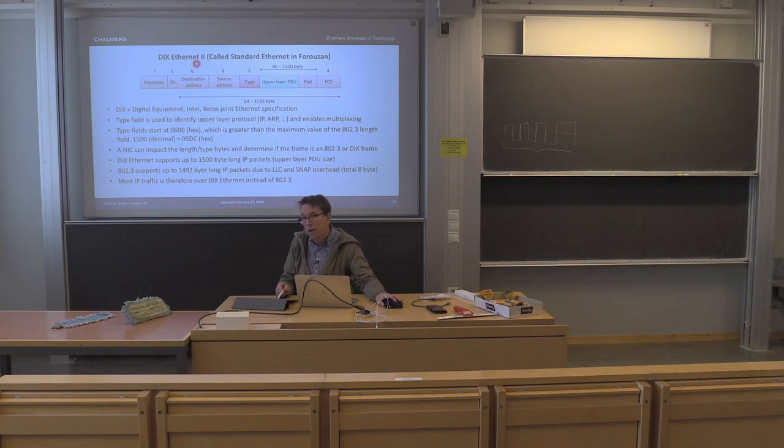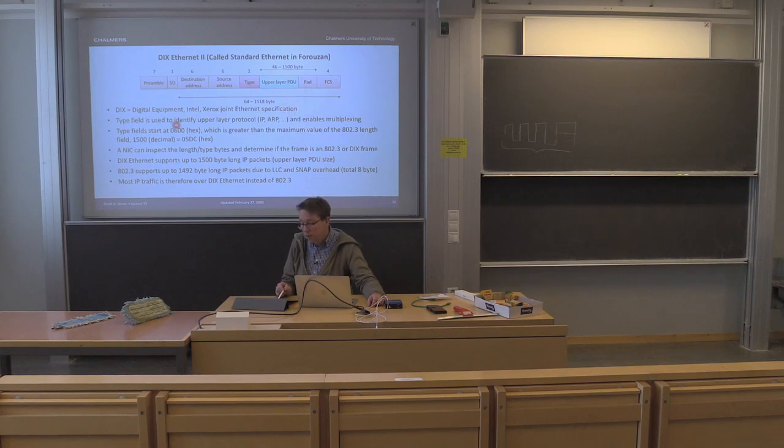This was the early standardized version of Ethernet. It looks exactly the same as the IEEE frame, except for this field. In IEEE, this is the length field. In DIX Ethernet, this is the type field. DIX stands for these three companies that got together and wrote the joint Ethernet specification.